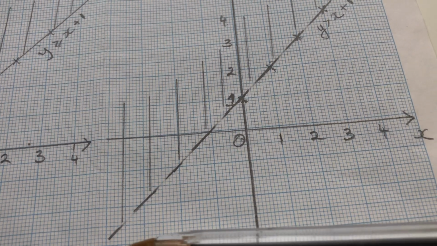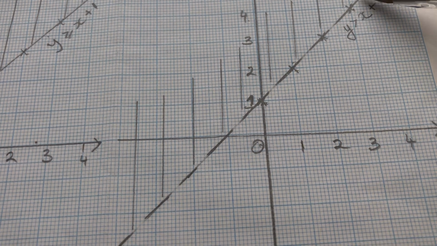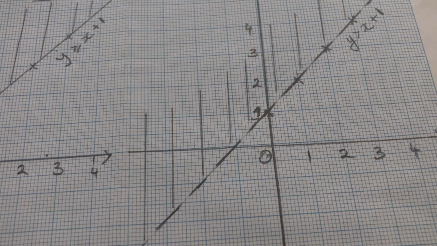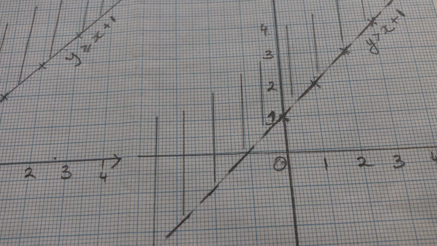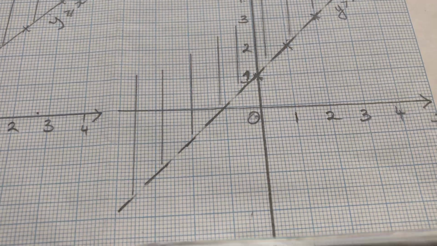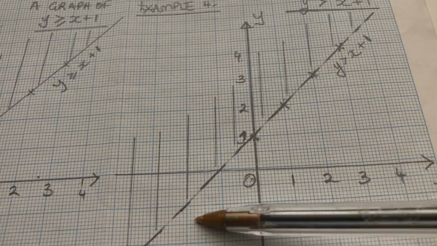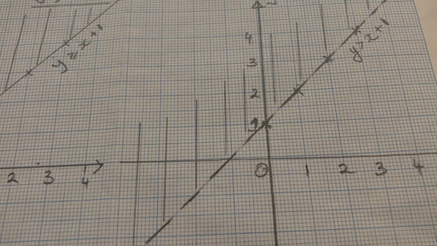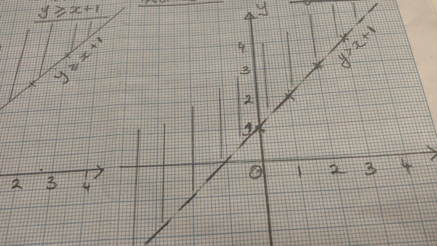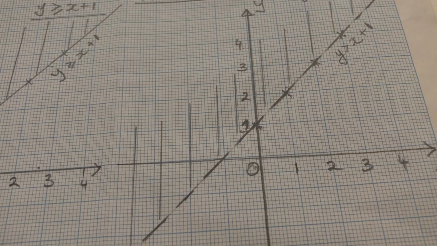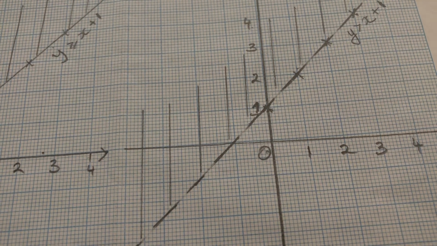At this level, it's better to leave it as broken lines, because it will be easier for you to see what you are doing. Some teachers will teach you to leave it as a broken line, or some will say draw the straight line because it's a line graph, but shade it such that your shaded portion doesn't touch the line, because it's greater than but not equal to.